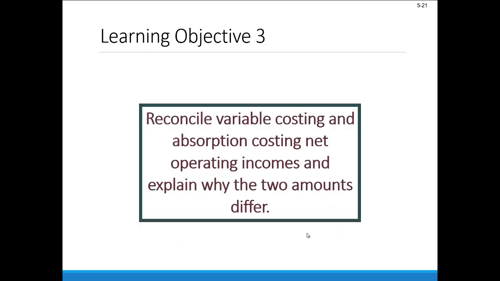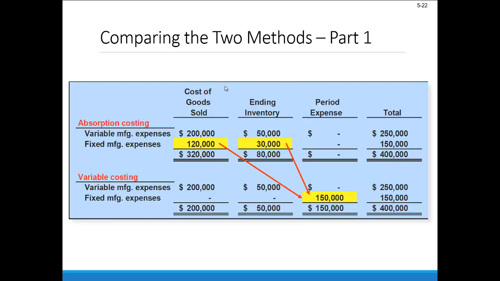Now, learning objective 3 was to do what we were just talking about, reconcile variable costing and absorption costing net incomes and explain why the two amounts differ. So we got a nice preview there. So let's look at them top to bottom here. Absorption costing, again, treating all manufacturing costs as product costs. Our cost of goods sold there were variable 200,000 and then that fixed 120,000.